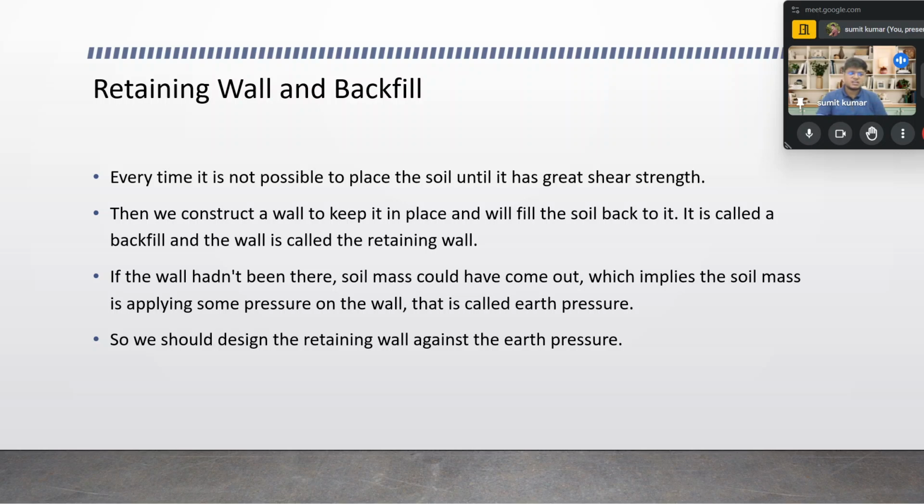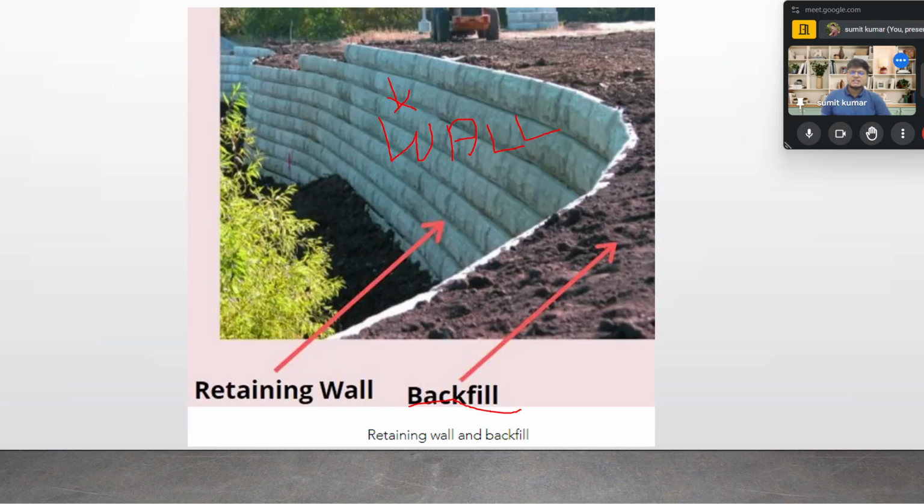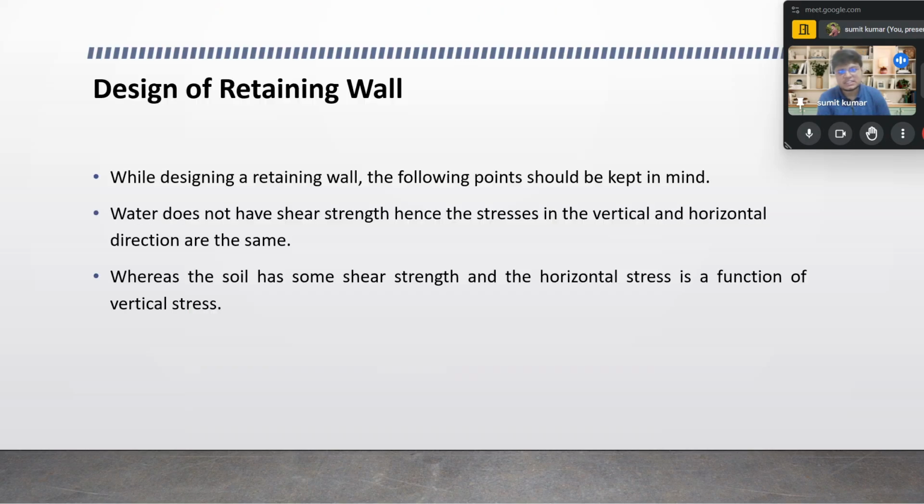Those things we have discussed. Over here, the image is also presented to you. The wall and the backfill have been represented clearly. The soil filled behind the wall is said to be backfill, and the wall ahead of it is the retaining wall.